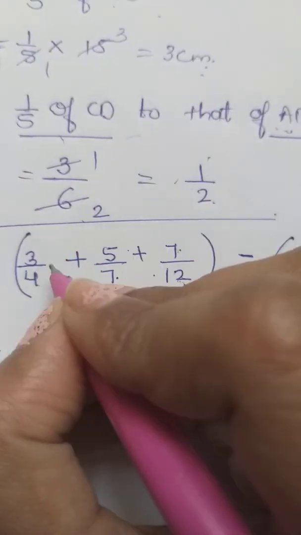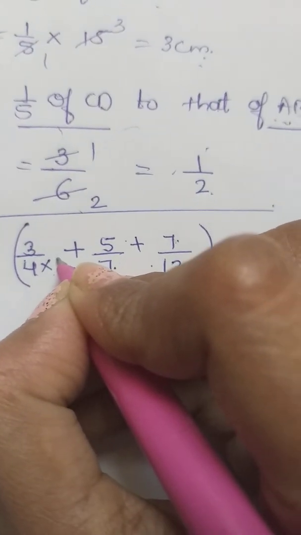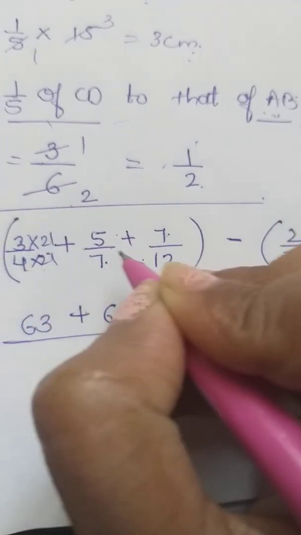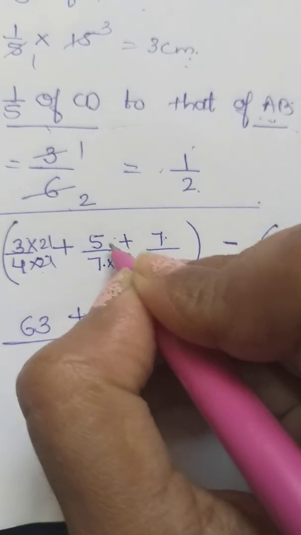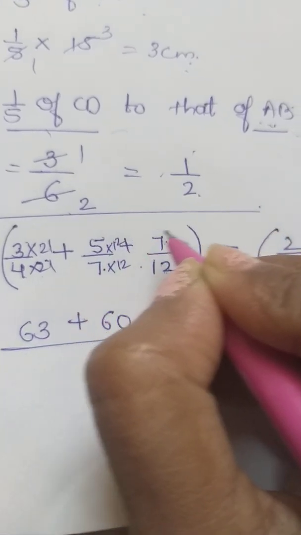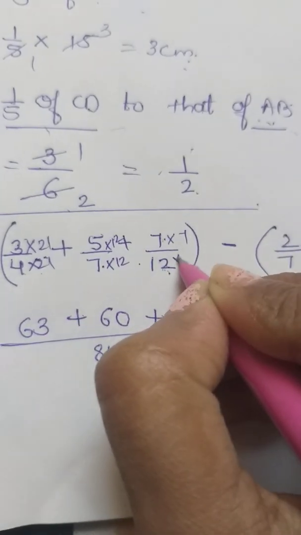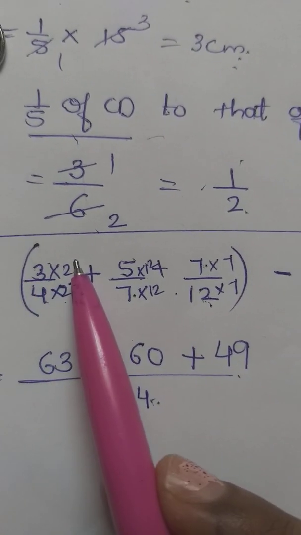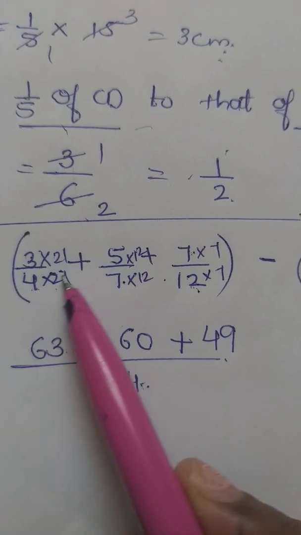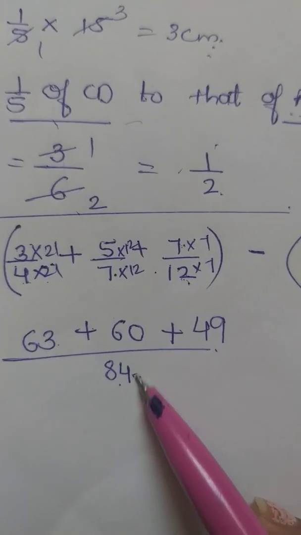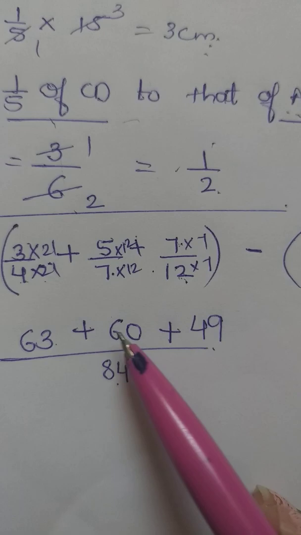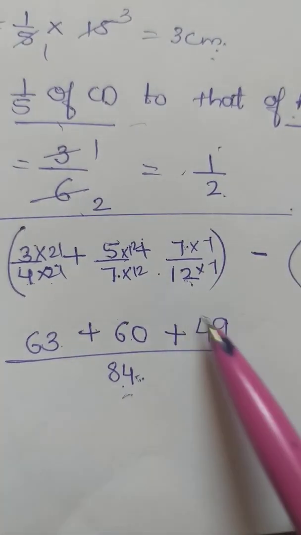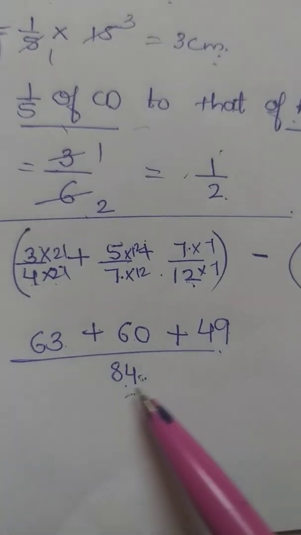For your understanding, I'll write here 21, 12, 7, 7 this way. 3 into 21, 63. 4 into 21, 84. 5 into 12, 60. 7 into 12, 84. 7 into 7, 49. 12 into 7, 84.